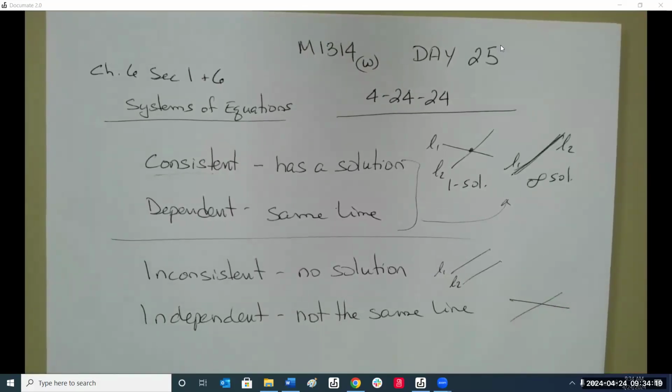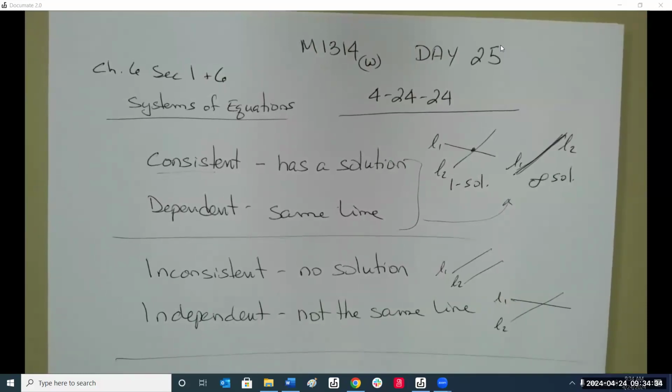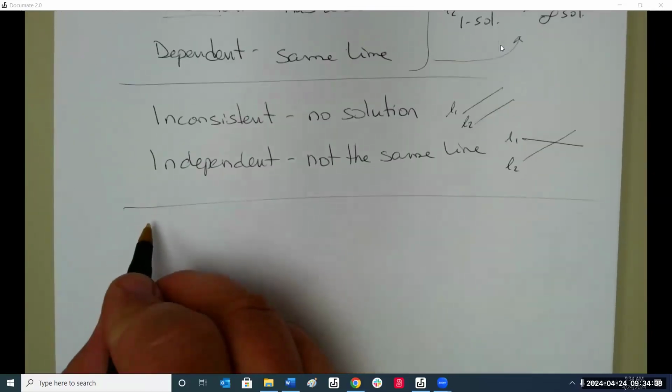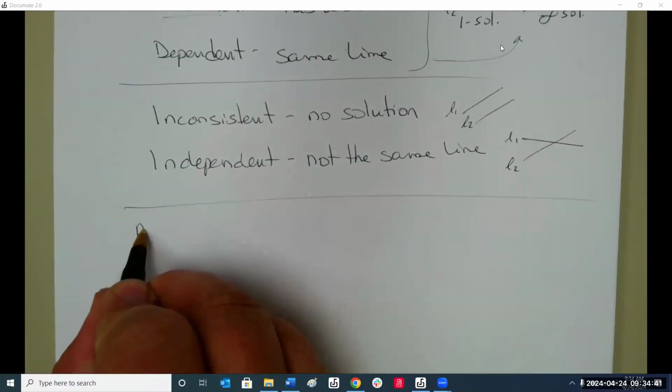And these are the two examples of independence. And we talked about last time the different methods of solving.